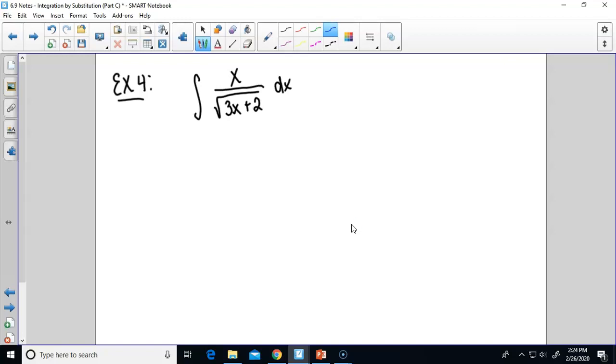Okay, so we got the integral of x over the square root of 3x plus 2. What do you guys think the u should be here? 3x plus 2 is correct.